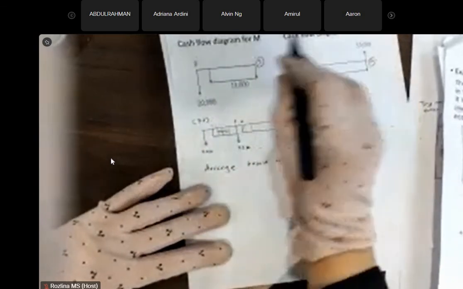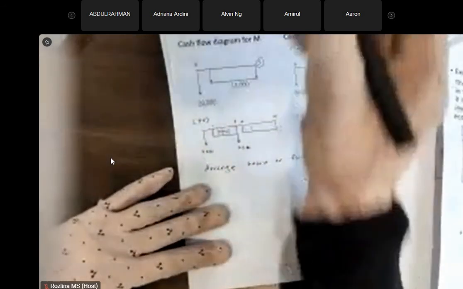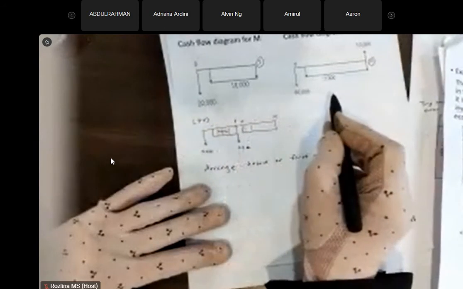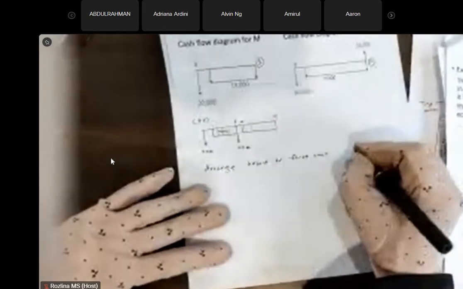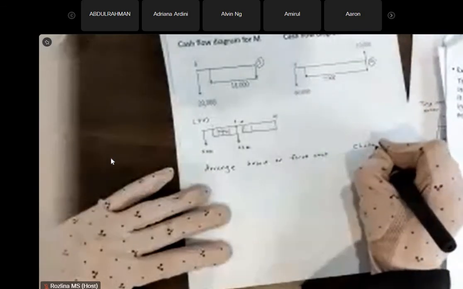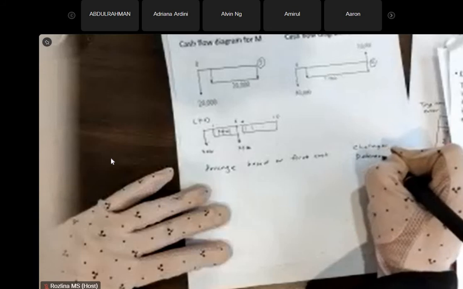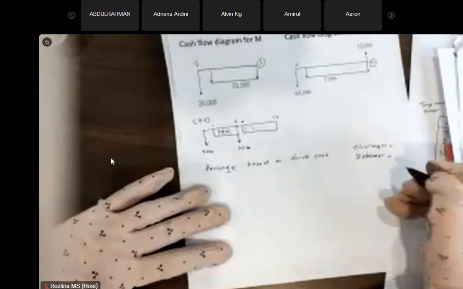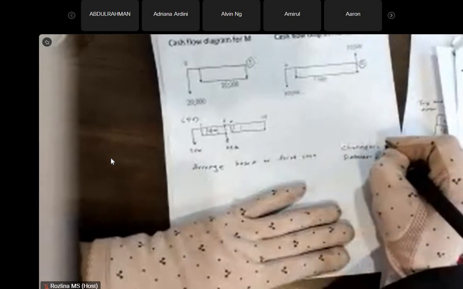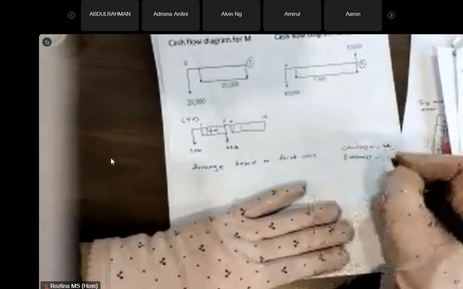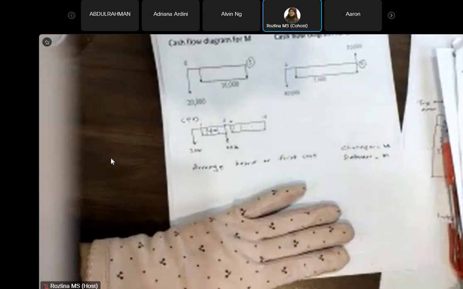SA is semi-auto, M is manual manufacturing. Who is the defender and who is the challenger? Semi-auto will be the challenger. Defender is Manual.